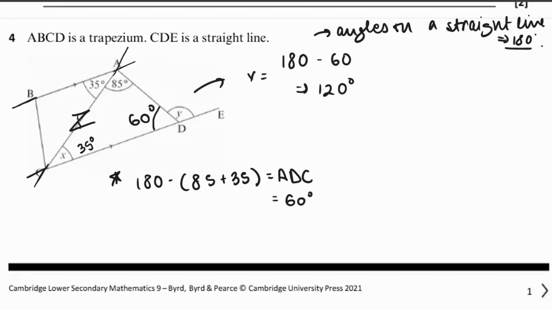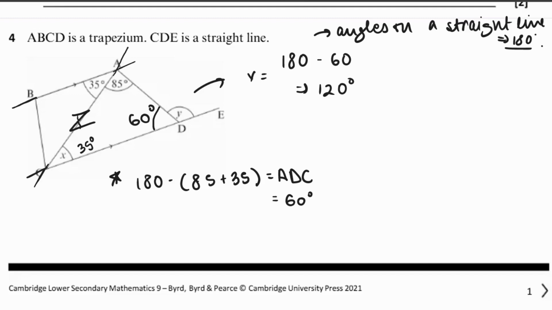What we have to do is simply look for corresponding angles and alternate angles so that we can find the values of x and y, because if we see down below, it says work out the size of angle x and angle y.